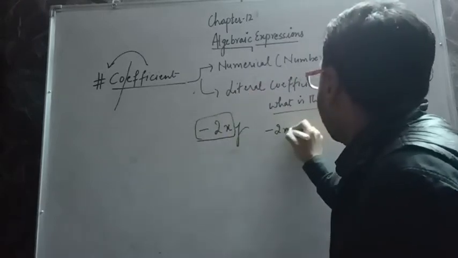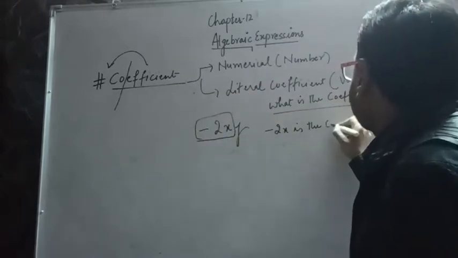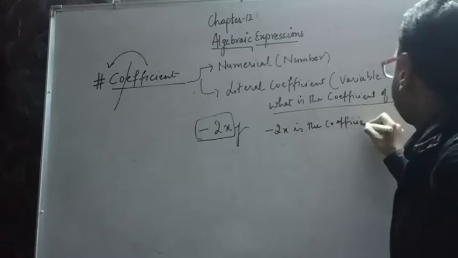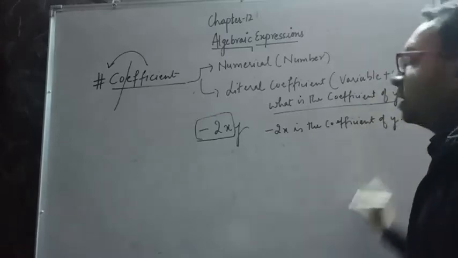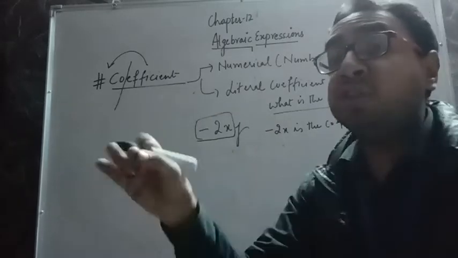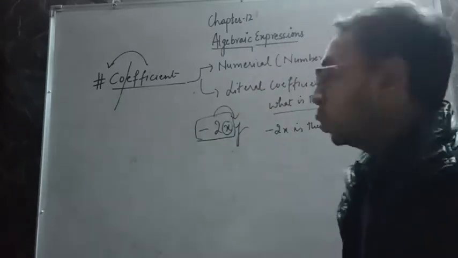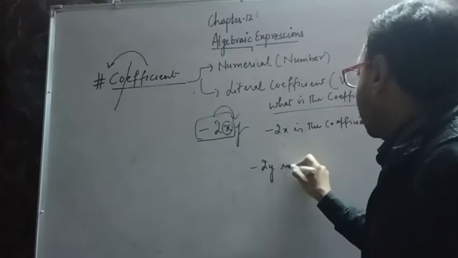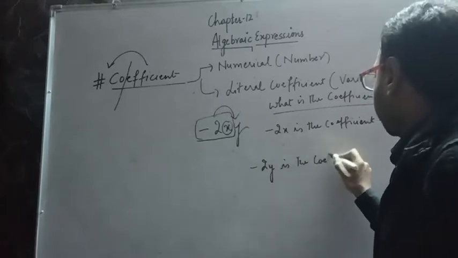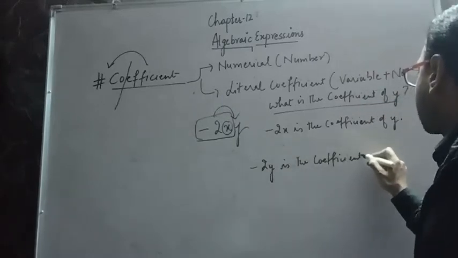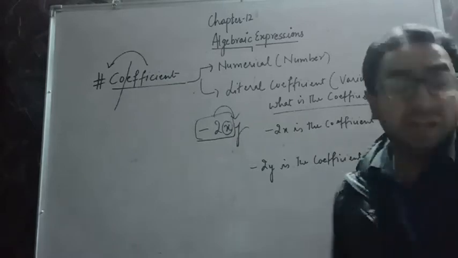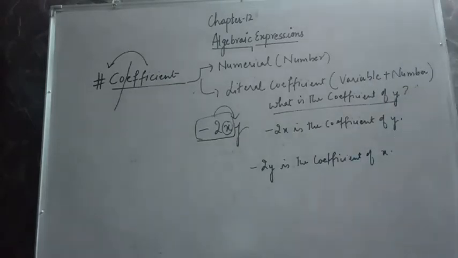So minus 2x is the coefficient of y. Similarly, if I ask you what is the coefficient of x, leave x, whatever is left, minus 2y, that is the coefficient of x. Any doubt anyone is having in this particular term?